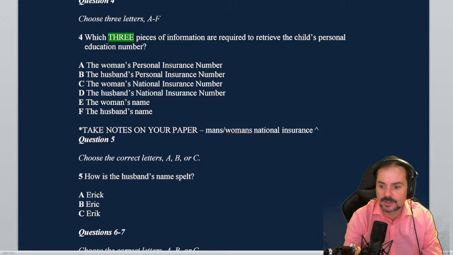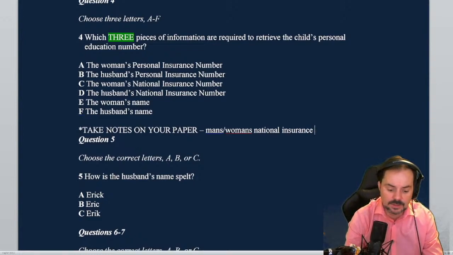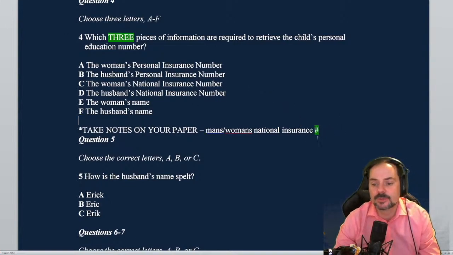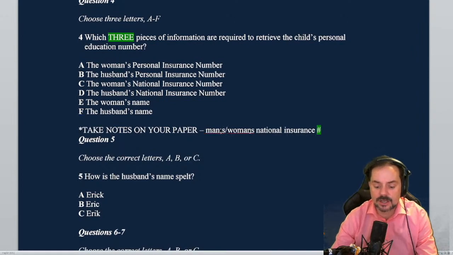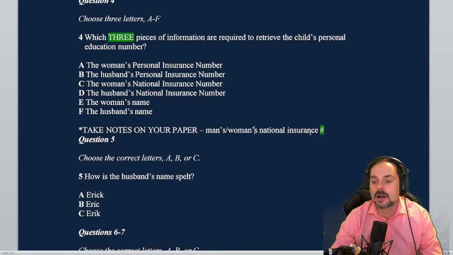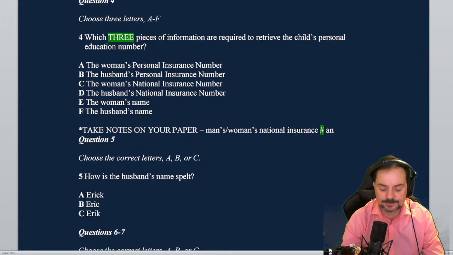So use symbols. Notice how I didn't write the word number. This is the symbol for number. When you're taking notes, try to use symbols whenever you can. So the woman's and the man's national insurance number. Okay. And the names.